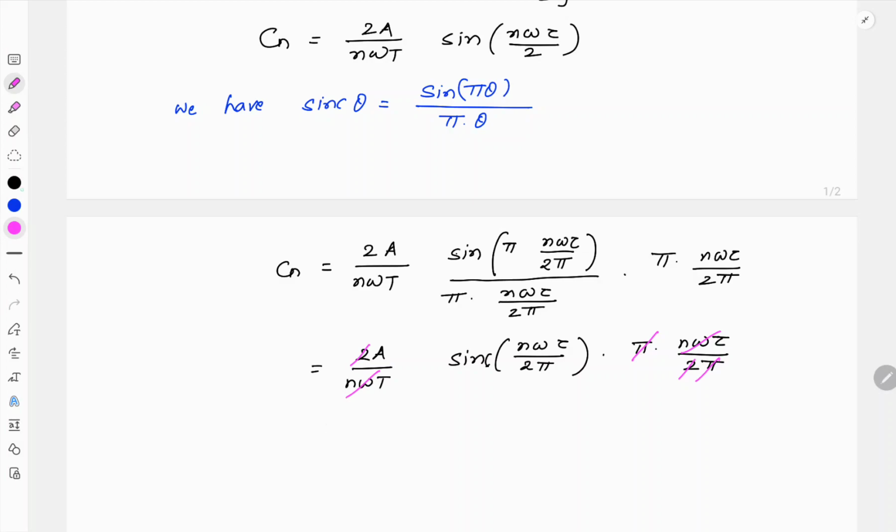So the remaining equation is a by t, it is a tau remaining in the numerator, so a tau by t sinc of n omega tau upon 2 pi. So this is the value of coefficient Cn.